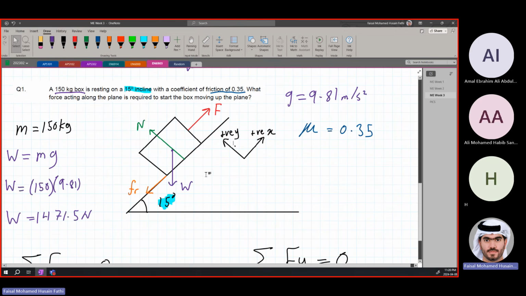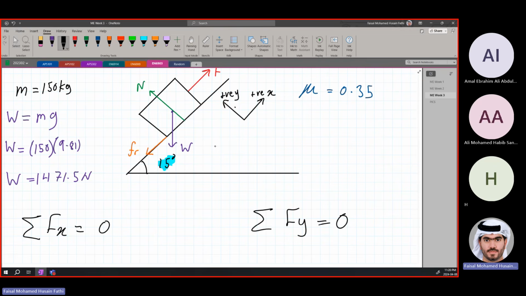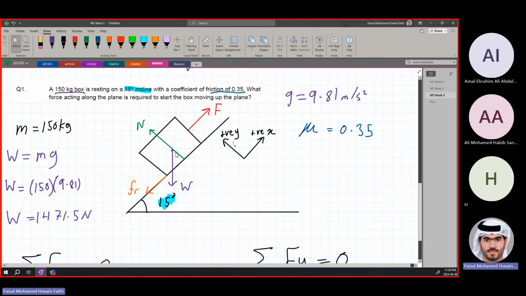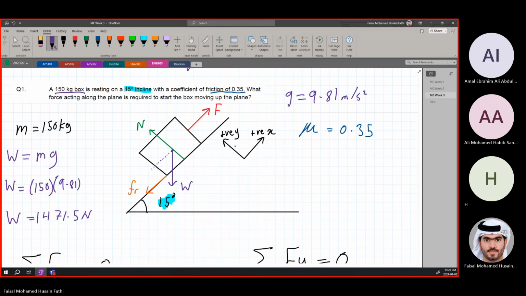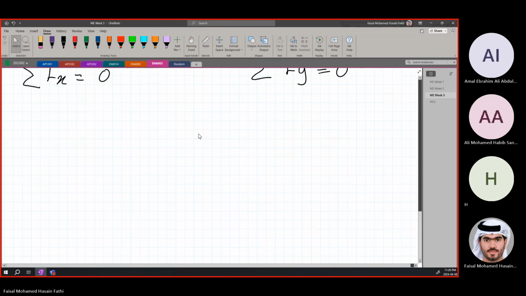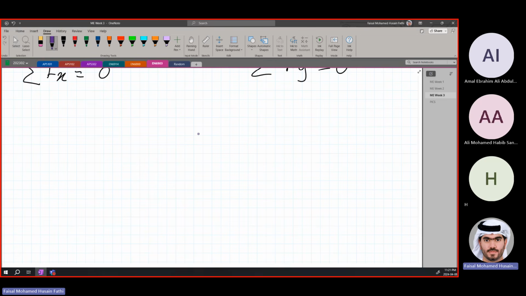Now, we found our mu. How can we find our friction force? We need to first find our normal force. So how can we do that? First, we need to break the weight into components. Why? Because now we have a weight that is not on any axis specifically. So what we're going to want to do is break it into a component in this direction and into a component in that direction. So if I just increase the size here so you can see, the weight is straight down.